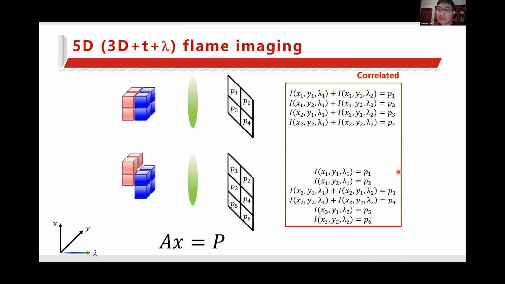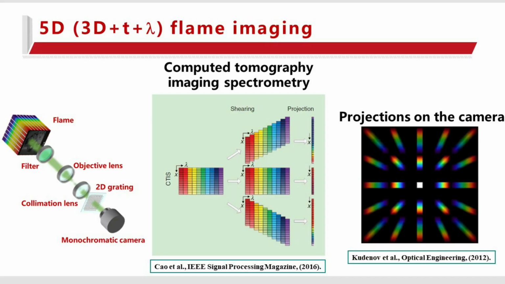And if you combine these two together, you will find that now the variables are correlated. So by solving this equation set, you can get the entire data cube. But 2 projections are not sufficient. You need more than 2 projections.